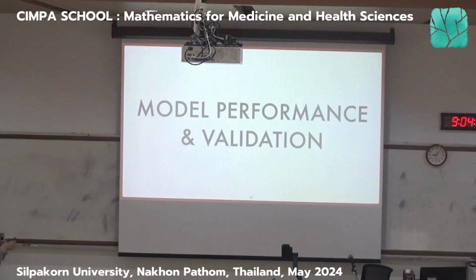So one has to have some way of measuring the performance and then doing what we call validation. Validation is very important for the simple reason that we're dealing with random data. Because it's real data, it's random.